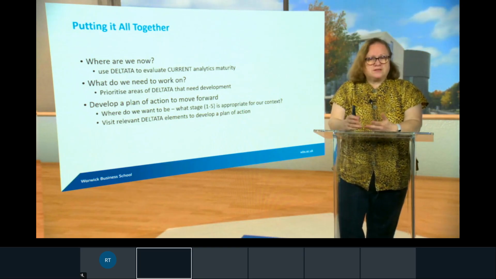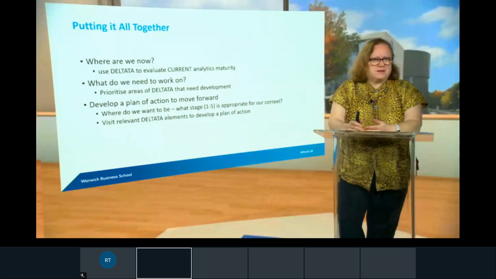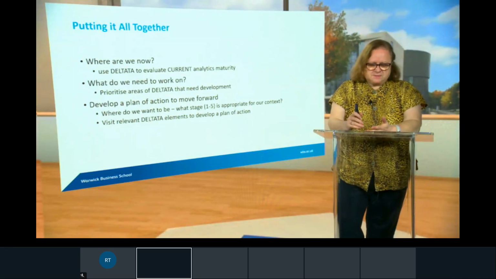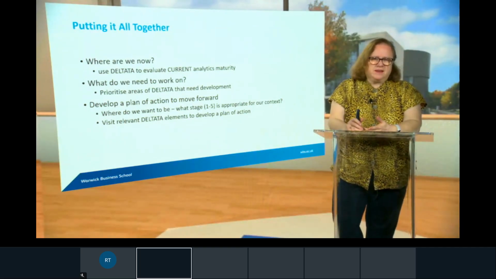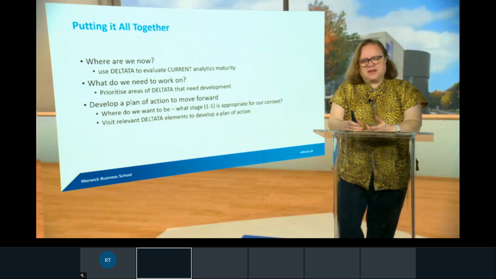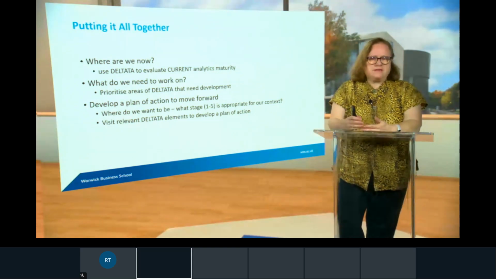Should it cut across different Delta Plus areas? So going through your assessment, Delta Plus analysis, prioritization, then in terms of thinking of your project, you need to be thinking more broadly about your plan for moving forward. Where is it that you want to move your organization to?